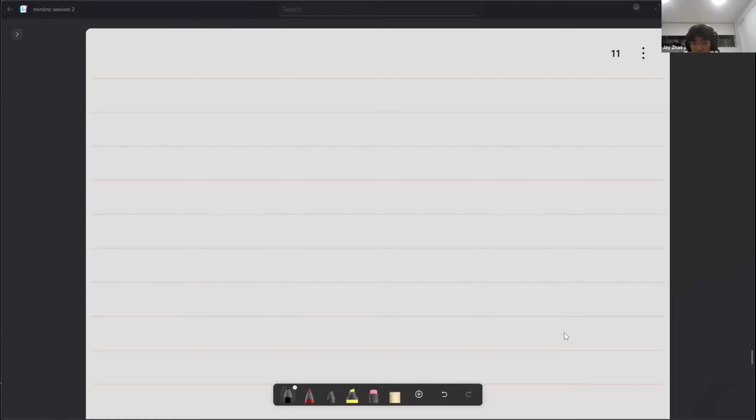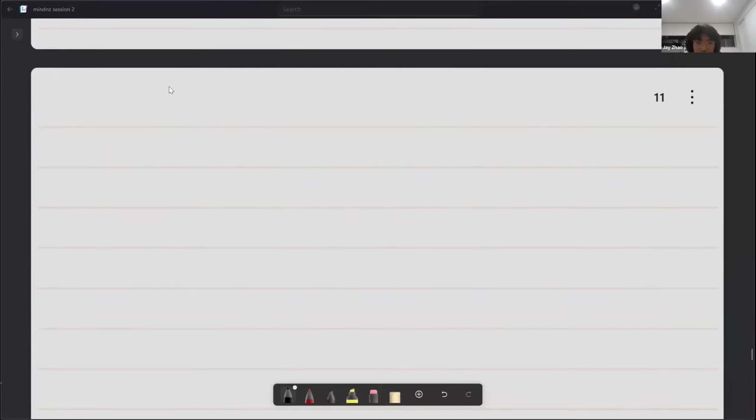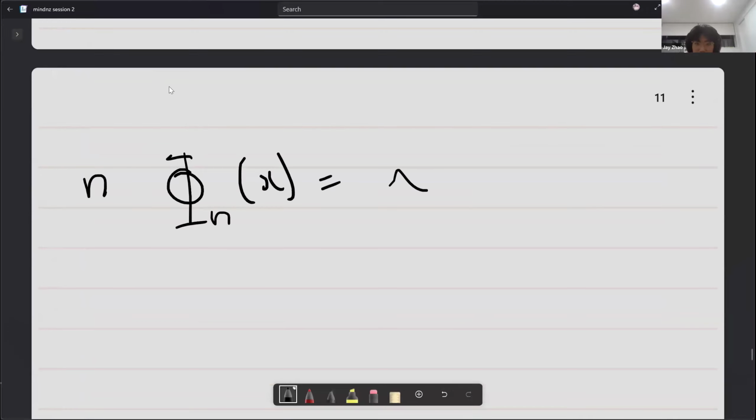Okay, so for each integer n, there's some cyclotomic polynomial, which I'll denote like this, and it's some polynomial.